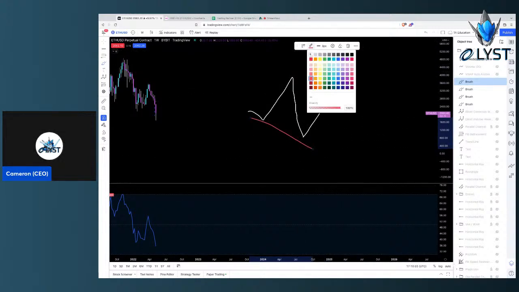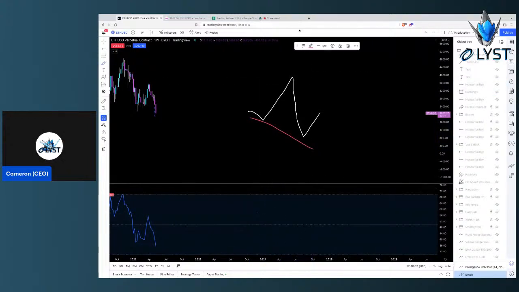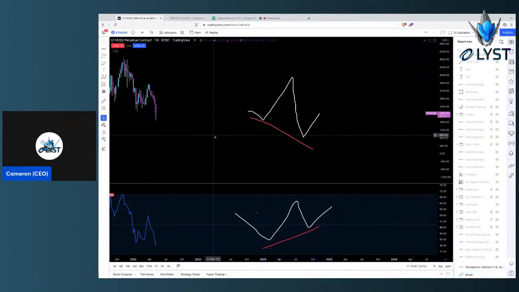And then on the RSI, you would have something like this, where it comes lower, kind of comes up, and then doesn't go lower, right? And so we're looking for a divergence, meaning that these two charts have diverged from each other.